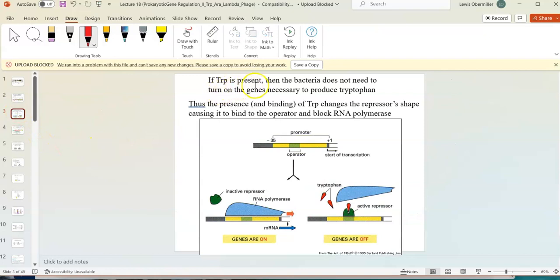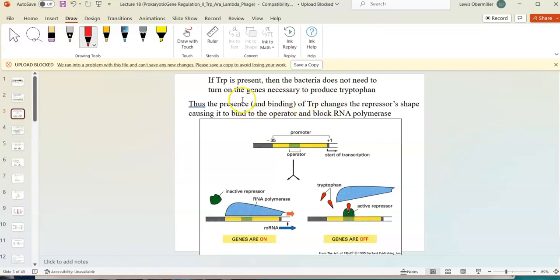Okay, so if tryptophan is present, you don't want to turn the gene on to produce tryptophan, right? You already have tryptophan, you don't need more tryptophan. So the presence and the binding, right? So remember lactose bound to lac-I. So tryptophan's going to bind to, I guess you'd call it a repressor, in tryptophan's control.